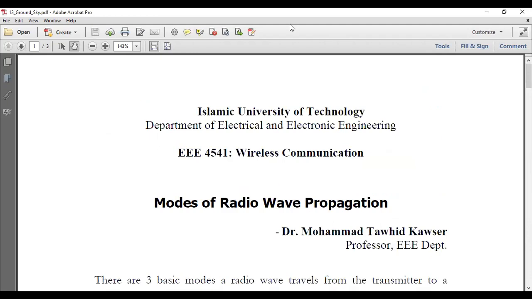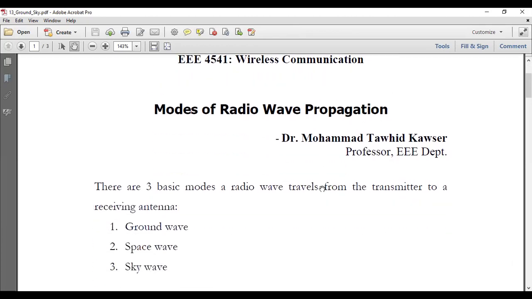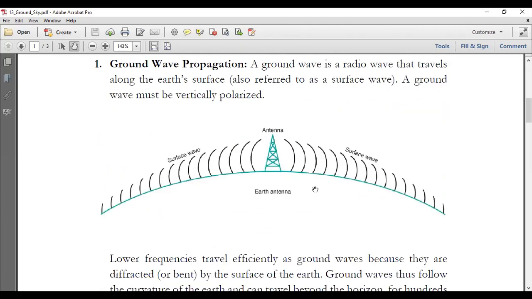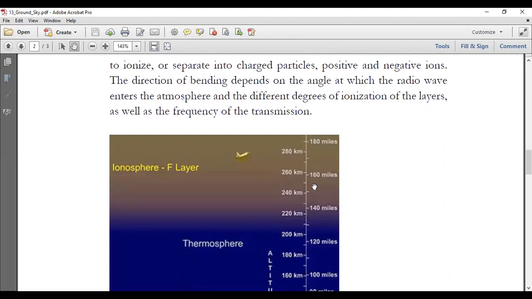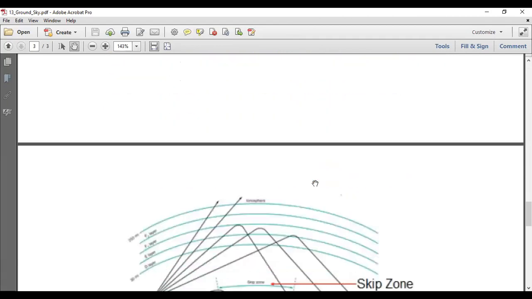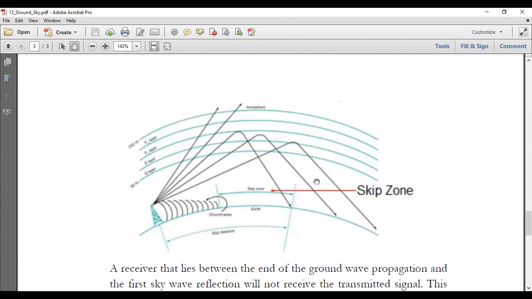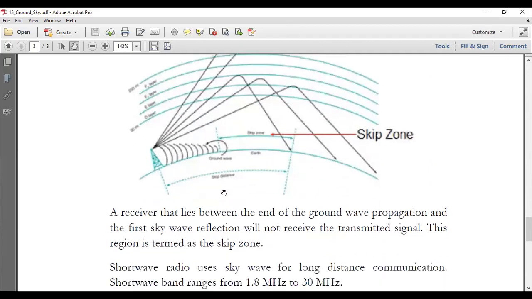Sir, how do the people of the skip zone communicate then? They cannot. The BBC, Voice of America, this type of attempts could not cover the whole Earth. They could cover a good part, so this way people could hear.